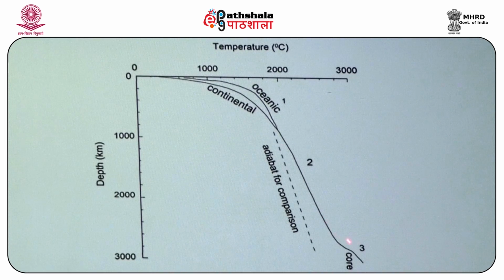And then there is again a jump in the gradient of temperature when it passes from mantle to core. So, this is how the temperature of the Earth is distributed within the Earth.